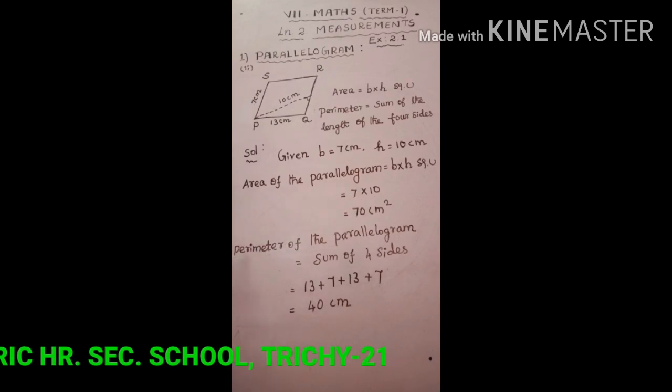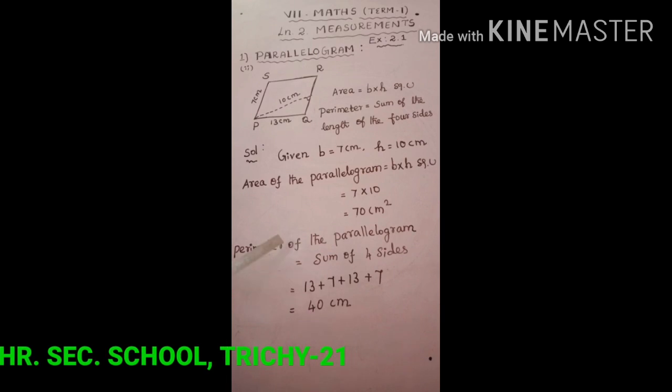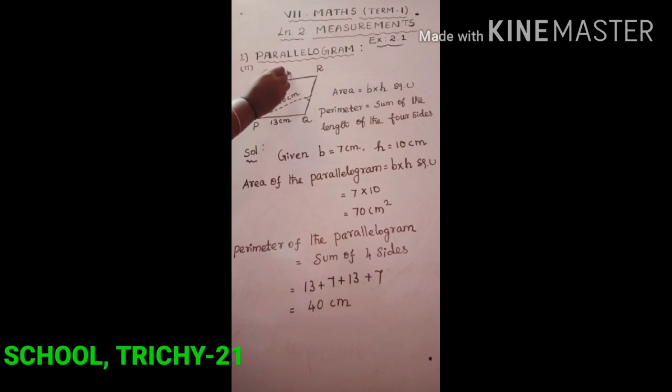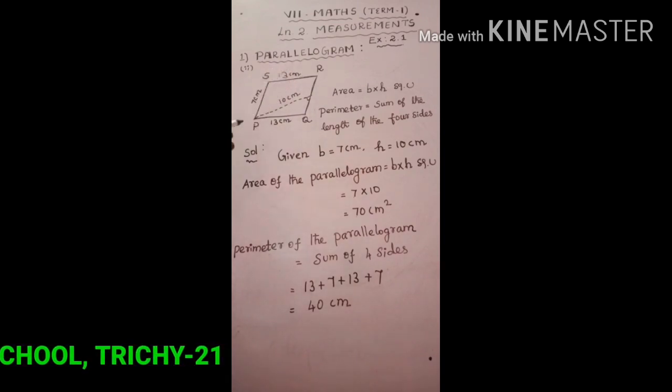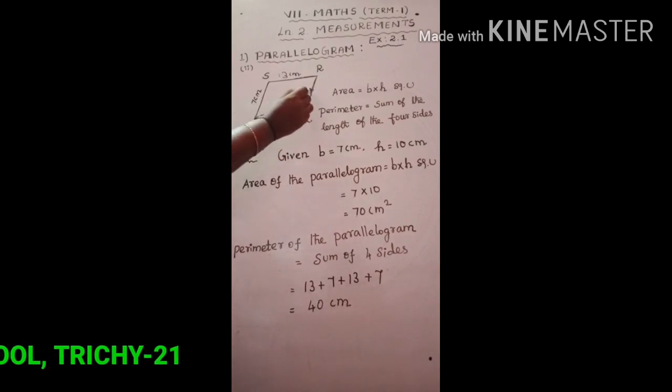Next we find the perimeter of the parallelogram, using the formula sum of four sides. Here one side is 13 centimeter given, and the parallel side is equal, so SR is equal to 13 centimeter. Here PS is parallel to QR, so QR is 7 centimeter.